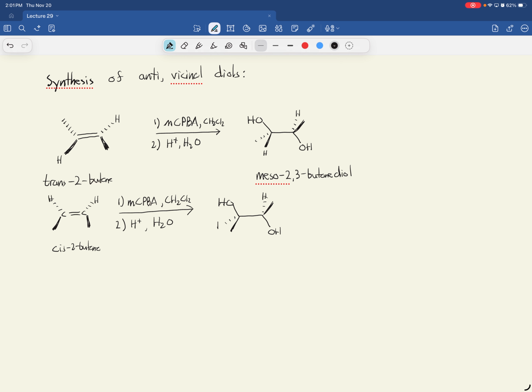All right. So first we get the RR enantiomer. So 2R, 3R, butane diol. All right. But what's the other one? What other isomer do we get?